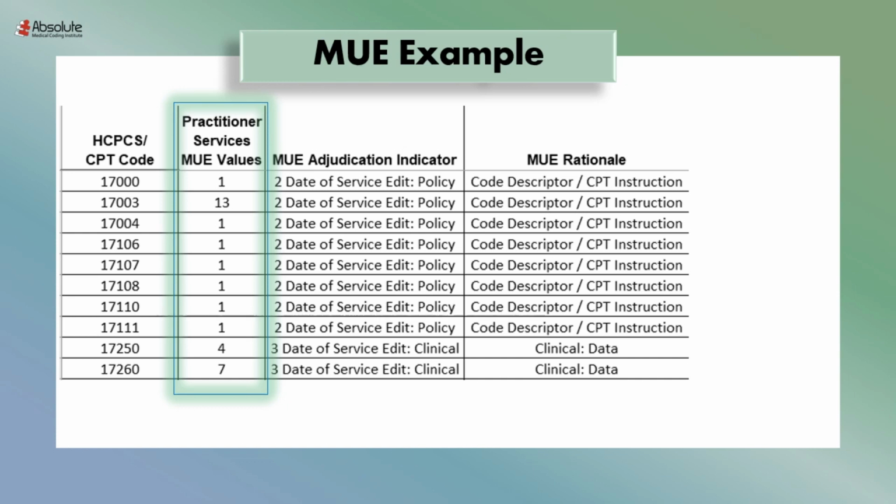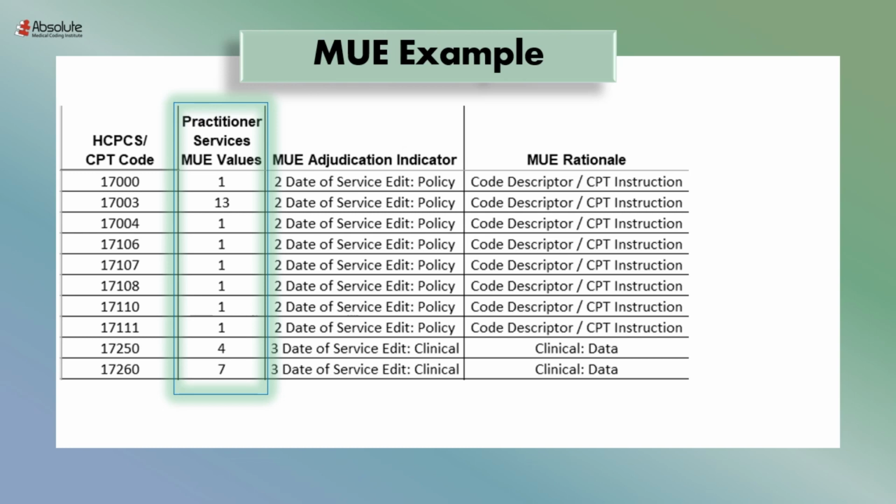And then if you see the last two codes there, they have a 3 MAI, and basically a 3 are per day edits based on clinical benchmarks. So you can see 3 date of service edit, clinical, and these may require additional units, or additional units I should say are considered if there is adequate documentation of medical necessity to support the reported units.